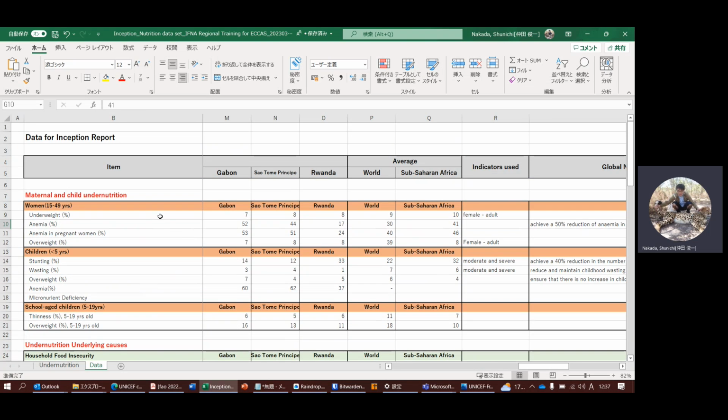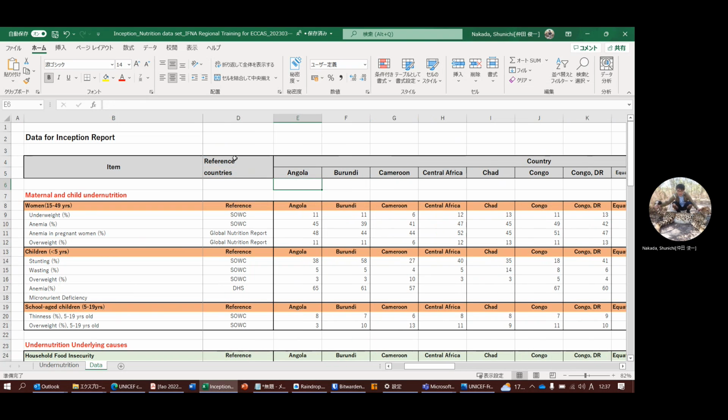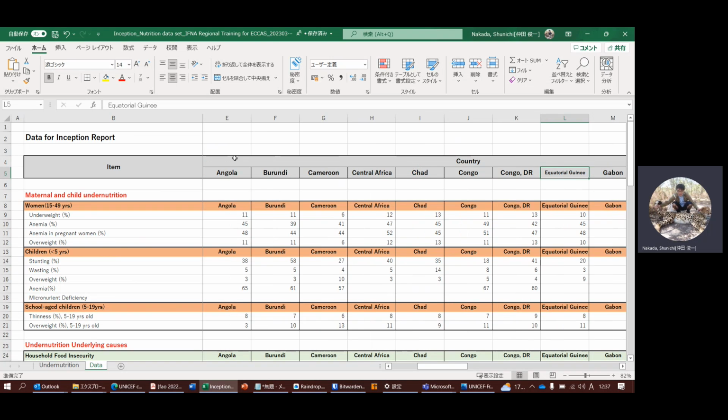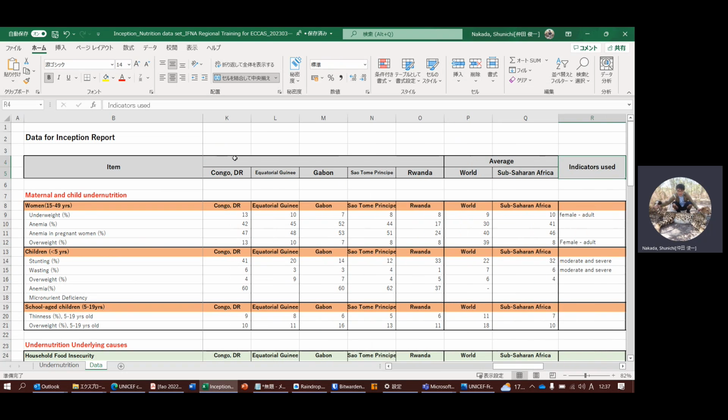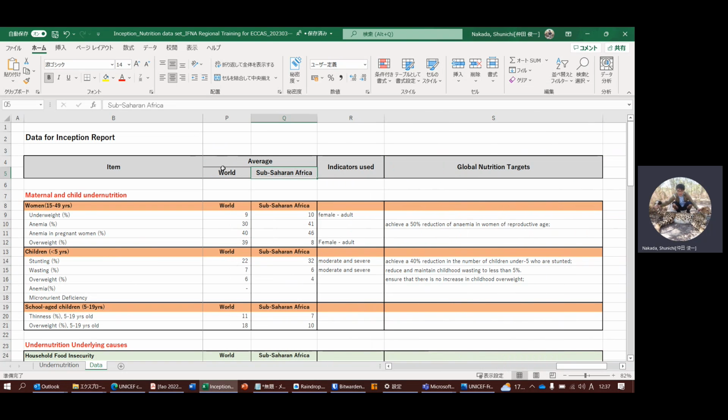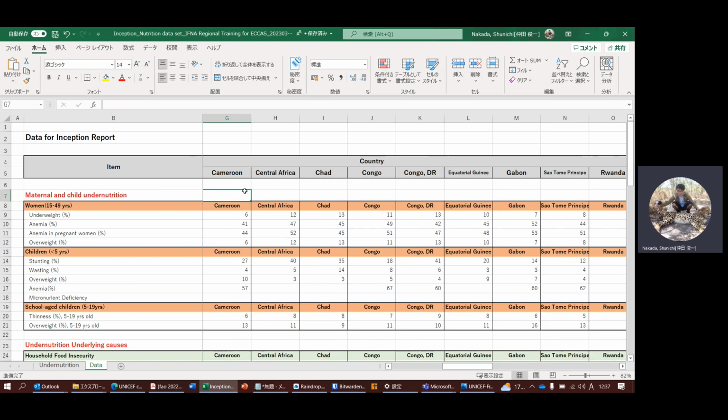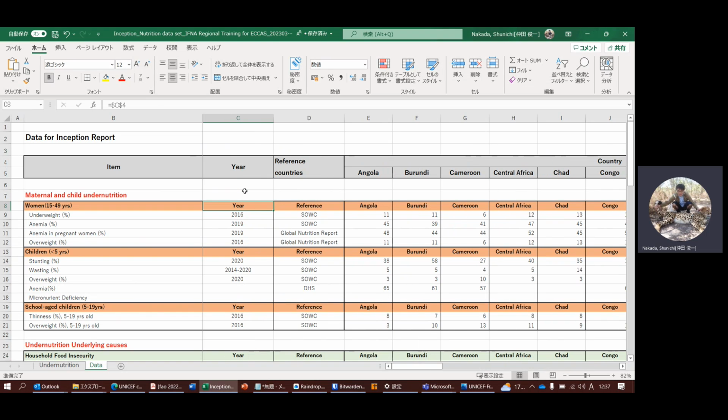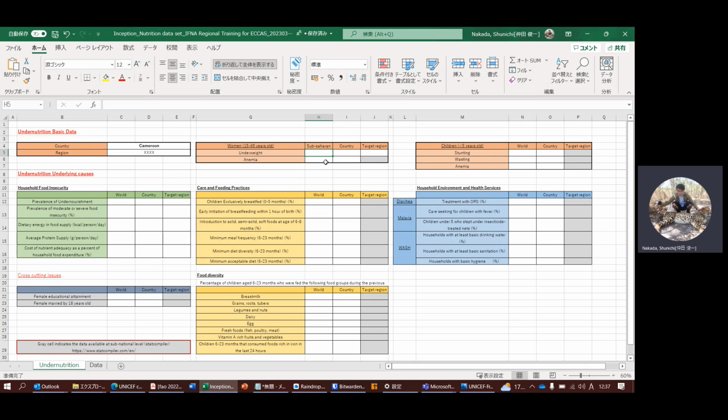You can find each data item in the inception report for each country. And in the end, you have reference data for the world average and sub-Saharan Africa average. So you can just find your country and put the data based on that.